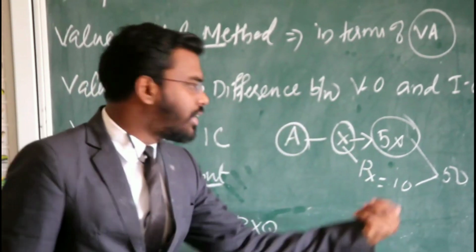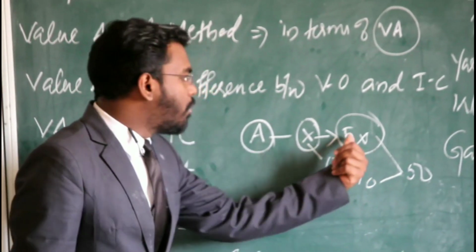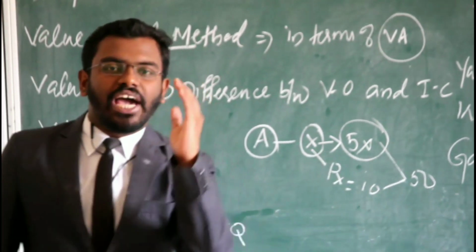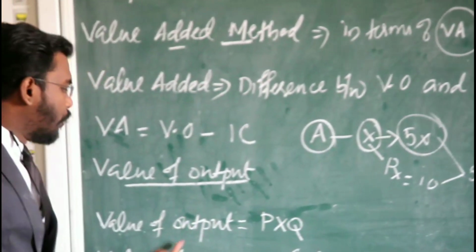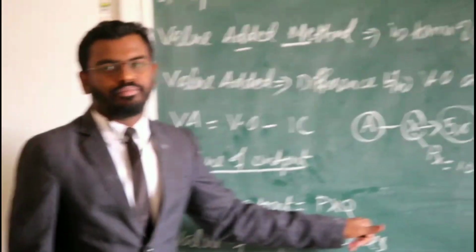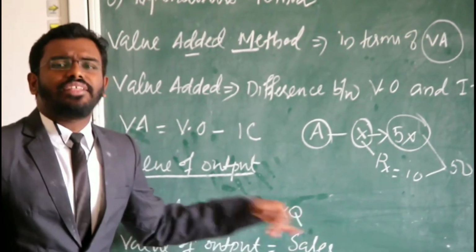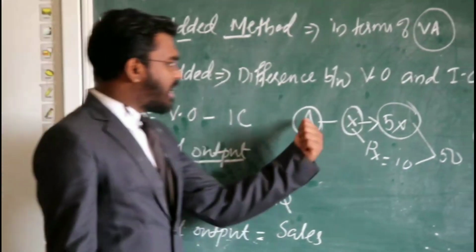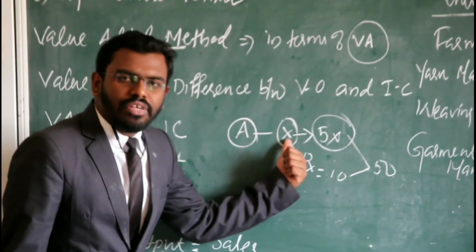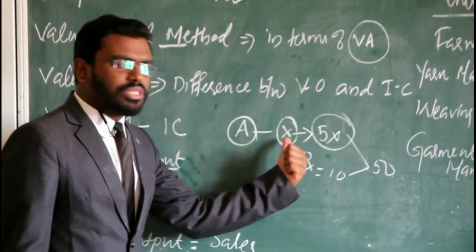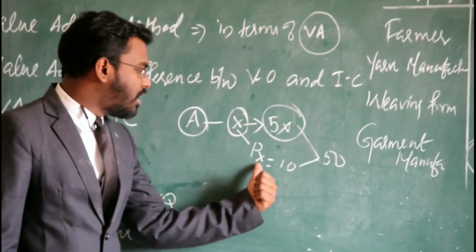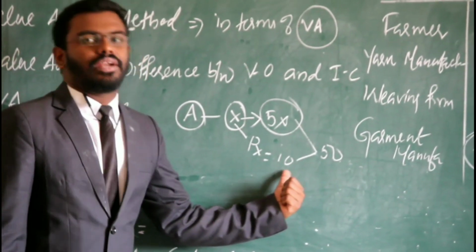Then how did we calculate this value of output? By multiplying price with quantity. So value of output is equal to P into Q, price into quantity. Same example: individual A is a producer producing commodity X, he produces 5 units of X, and the price is 10.